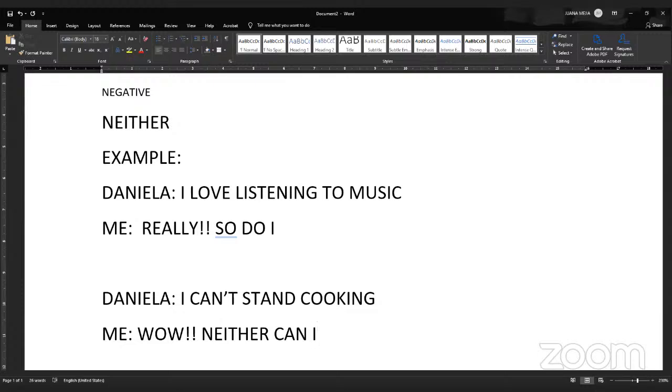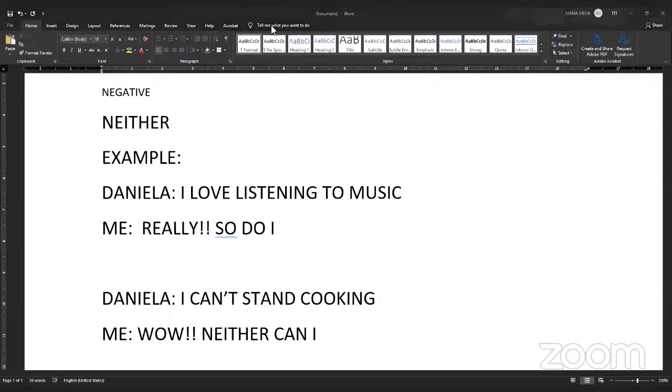Do you see? The first sentence is positive. The second sentence is negative. All right? So is positive. Neither is for negative, but it goes with the same structure. Now, let me stop here.